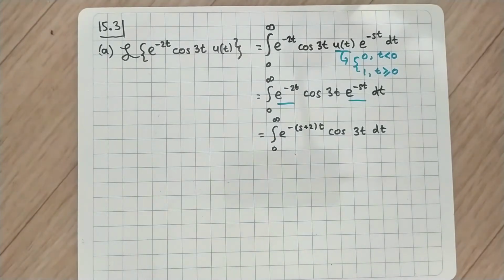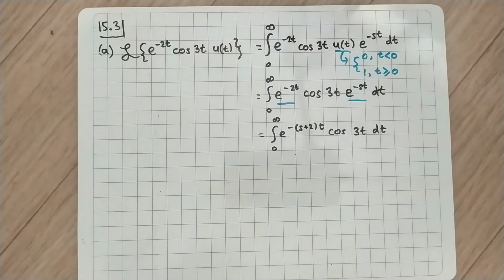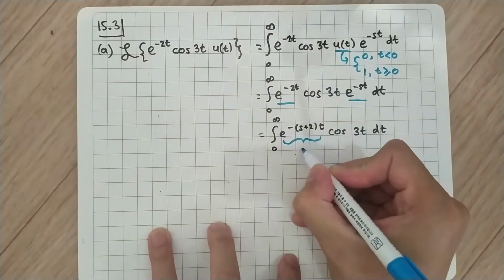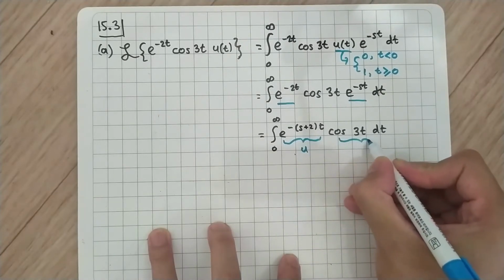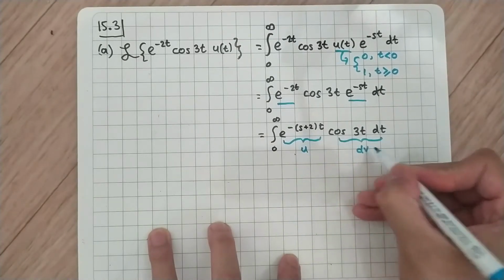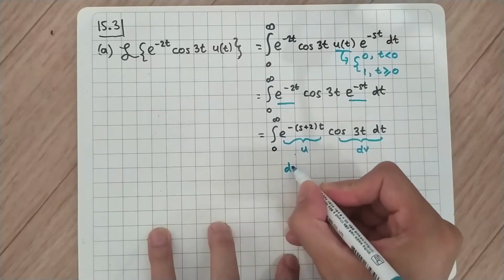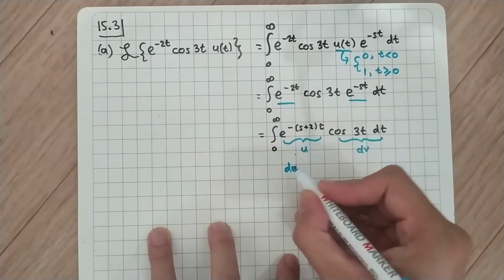Okay, now we are going to integrate this using integration by parts. So this is our u and this is our dv. Okay, we need du from here. So du will be the derivative of this one.